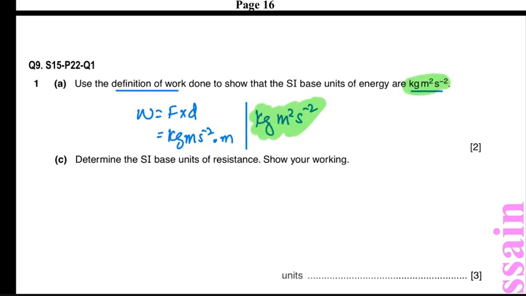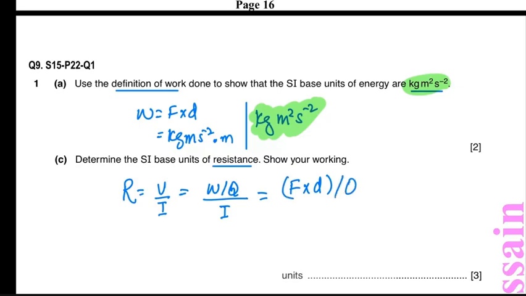Right? Determine the SI base units of resistance. What is resistance? Voltage over current, isn't it? And what is voltage? Work done per unit charge, isn't it? And what is work done? Work done is force into distance divided by the charge, over current.